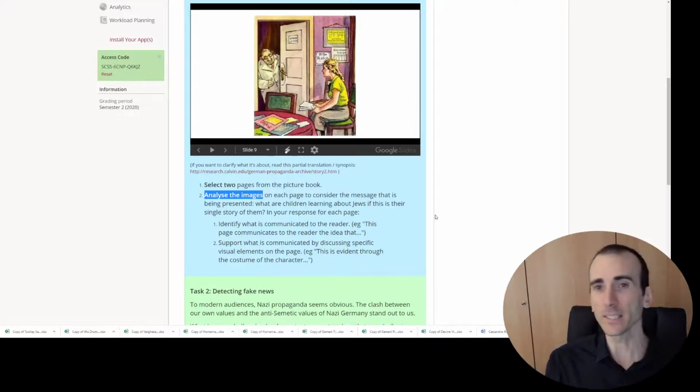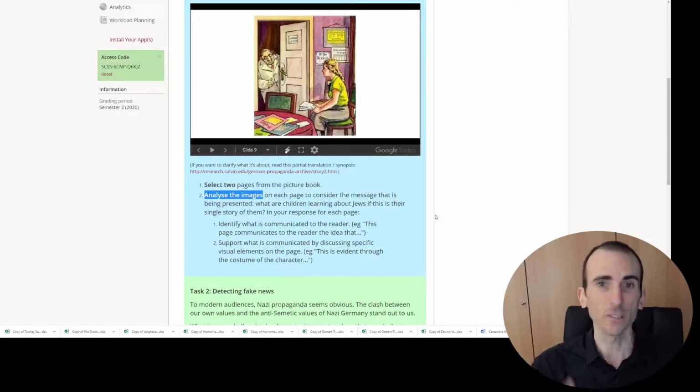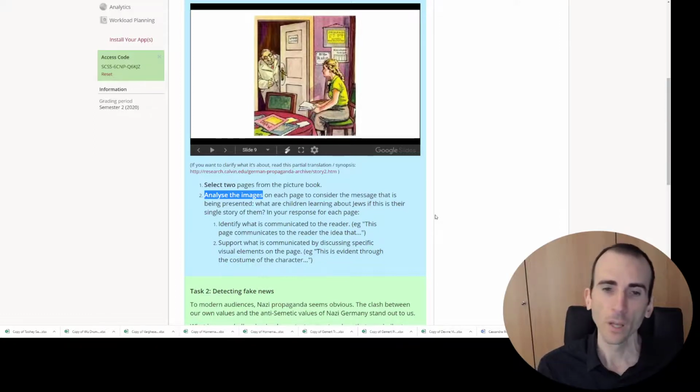And just based on the pictures, right? These pictures that children would be seeing, what do the pictures tell you about Jews? If this was the single story you were getting about Jews, what interpretation, what values would you be persuaded to take on about Jewish people?